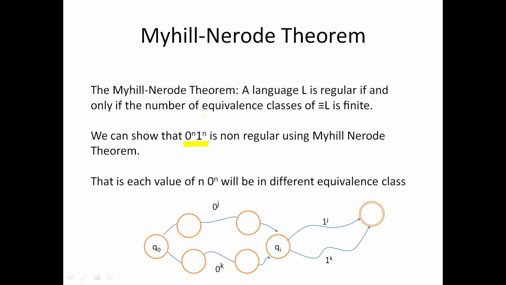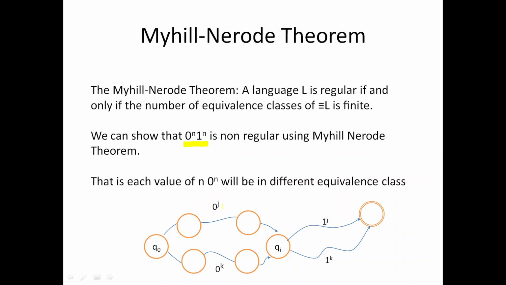So let us assume 0 raised to n, 1 raised to n to be regular. In that case, the number of equivalence classes should be finite, since each state denotes an equivalence class. So the number of states should be finite. What we are going to look at is whether we can have different states when we read different numbers of zeros.